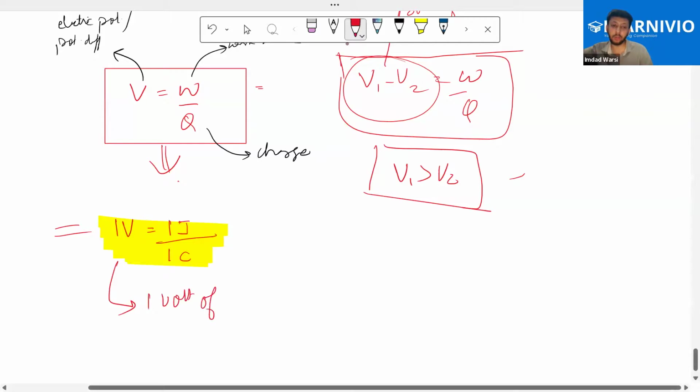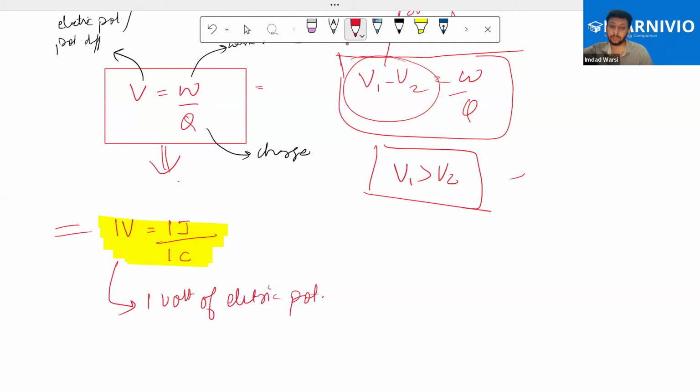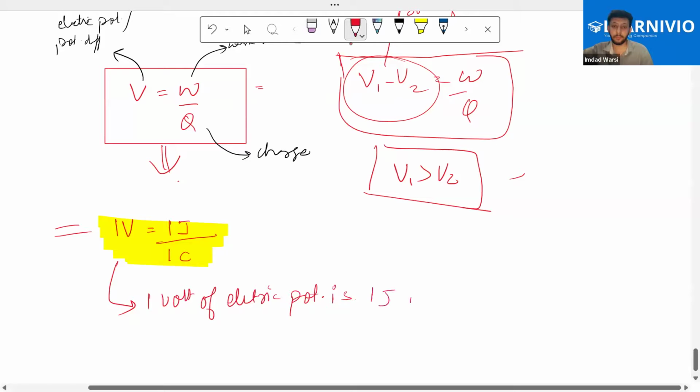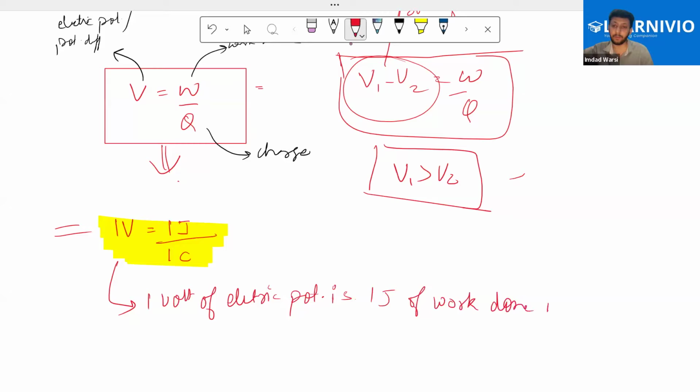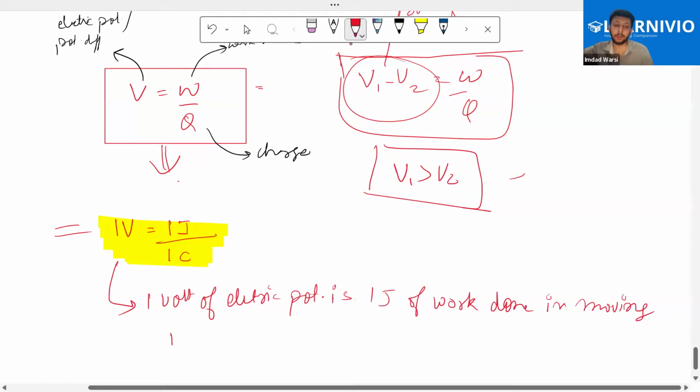1 volt of electric potential is 1 joule of work done in moving 1 coulomb of charge.